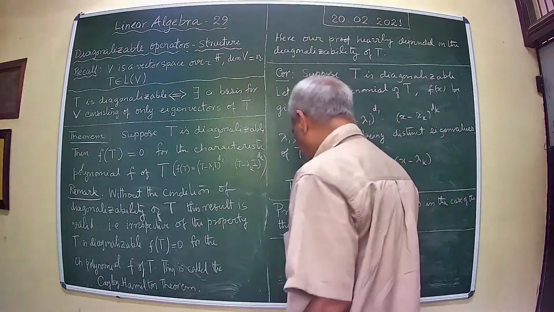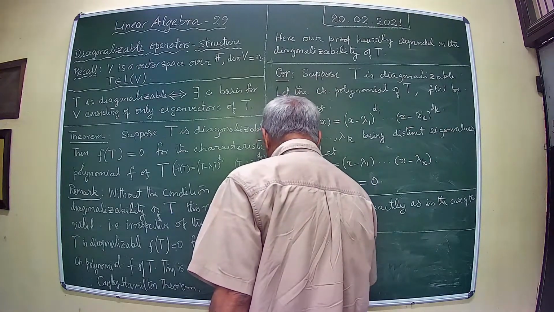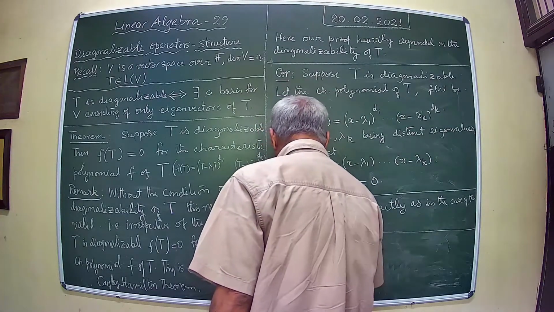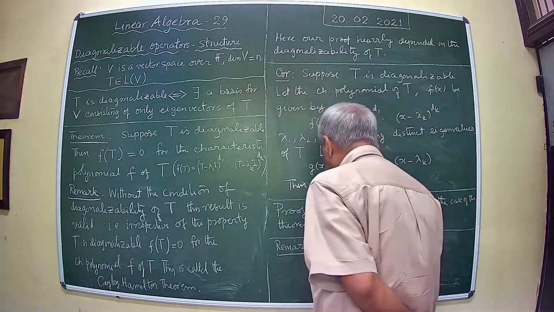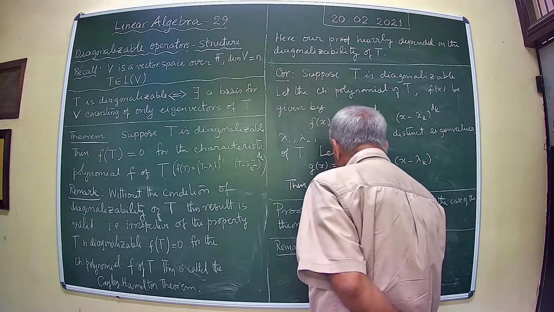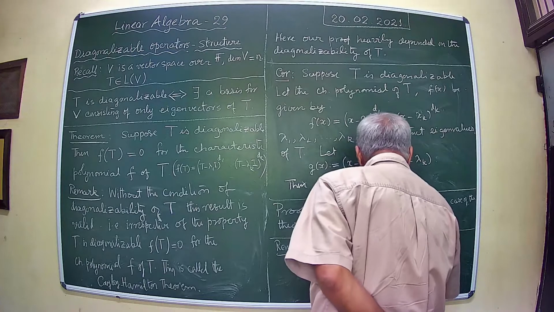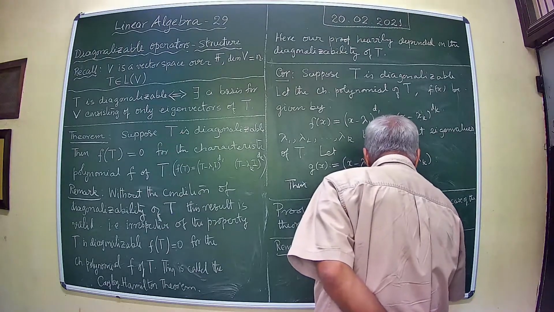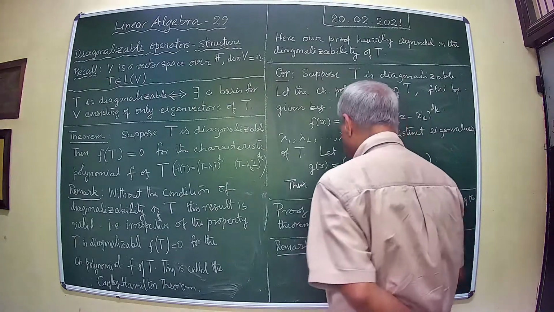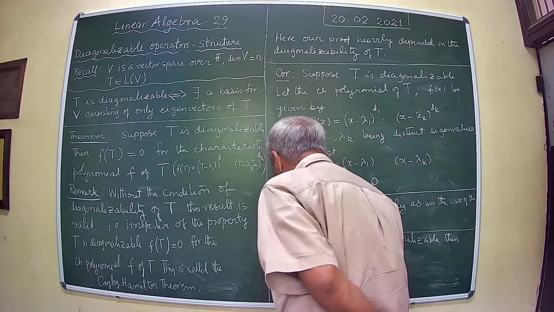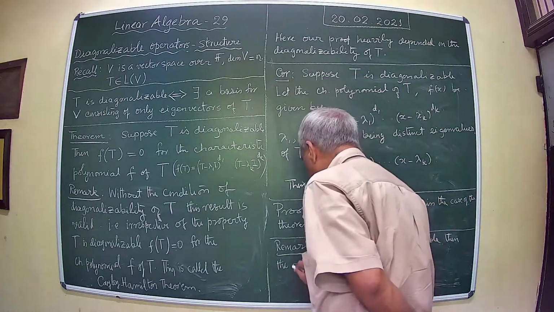Now one remark that I want to make is that if T is not diagonalizable, the above corollary may fail.